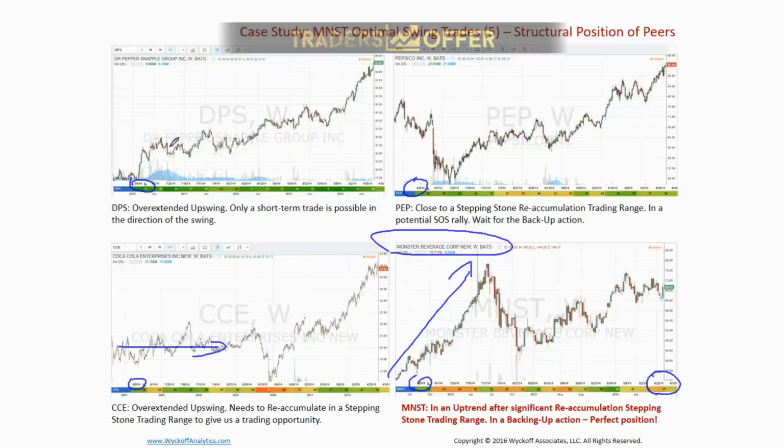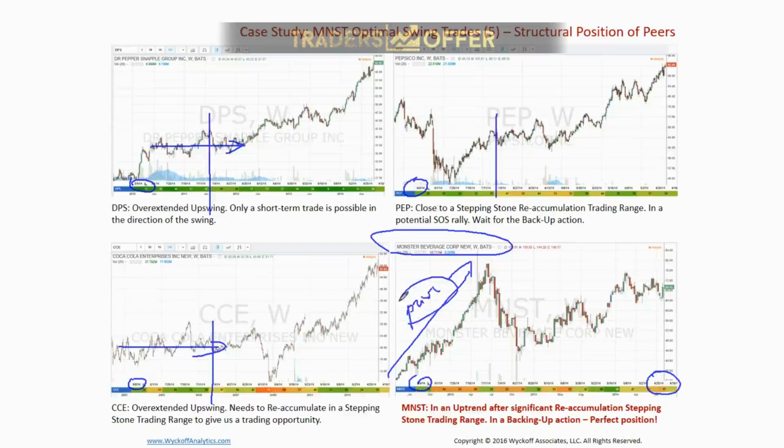There is some consolidation in Dr. Pepper for the same period of time until 7/15. So I've been right here, right here, and then right here somewhere. So relative to all peers, we've definitely seen some kind of outperformance.